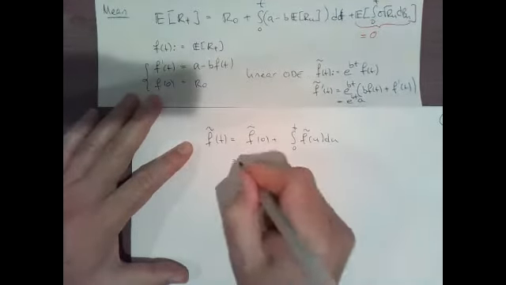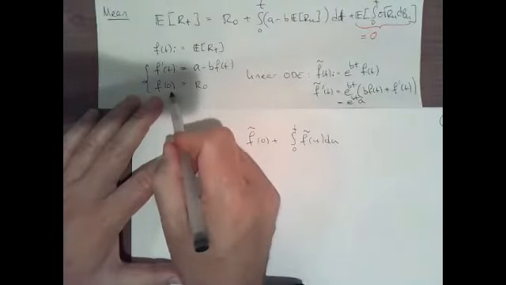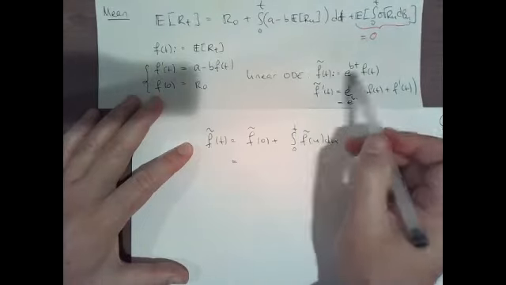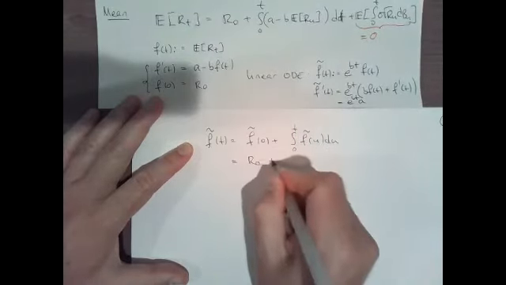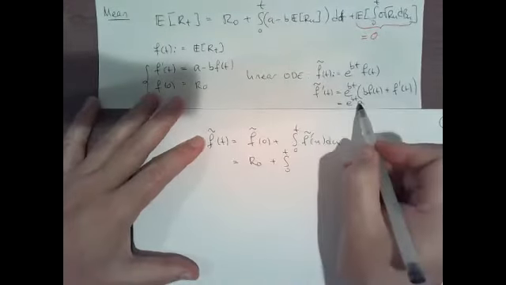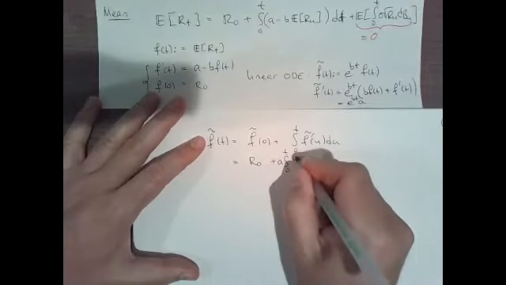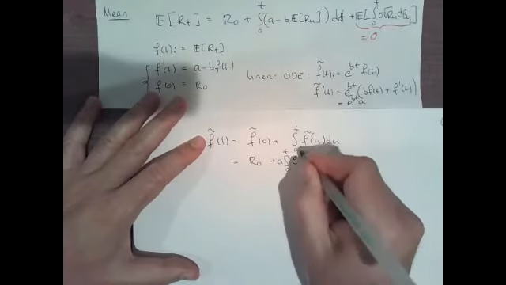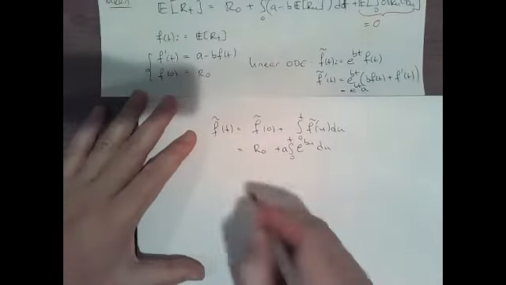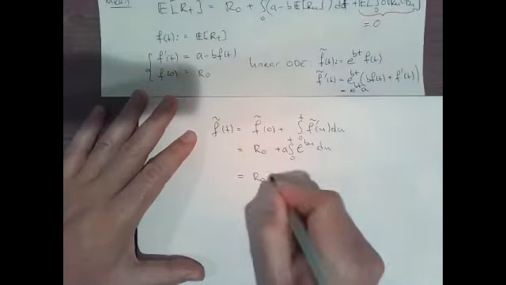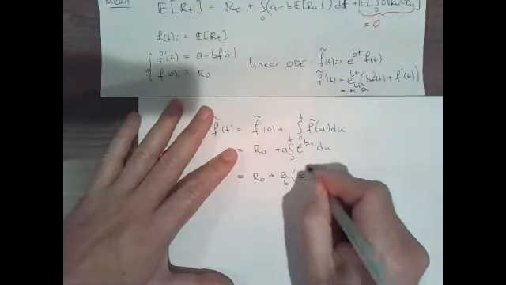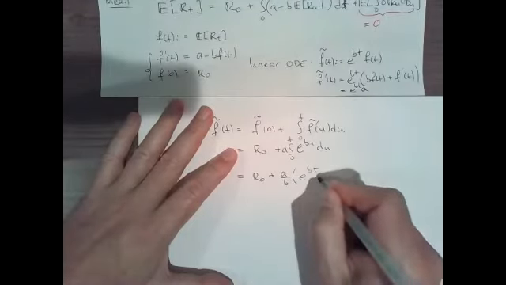The initial point is the same thing as f of 0, because when you put in 0 for t, the exponential is just 1. You get R_0 plus the integral of f prime, which was a e to the bu du, and that's something we can compute. This is R_0 plus a over b times e to the bt minus 1.